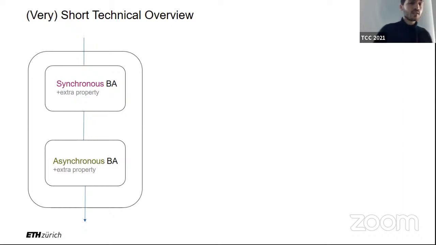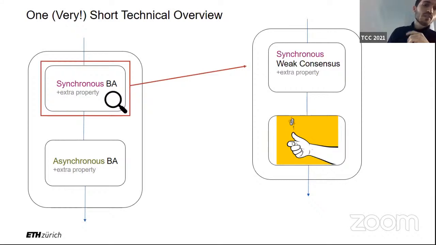And since our focus is round efficiency, and we observed that the asynchronous protocols employed in this setting were already round efficient when the network is synchronous, our focus is improving the round efficiency of the synchronous component of this compiler, which also requires some extra property when the network is asynchronous.